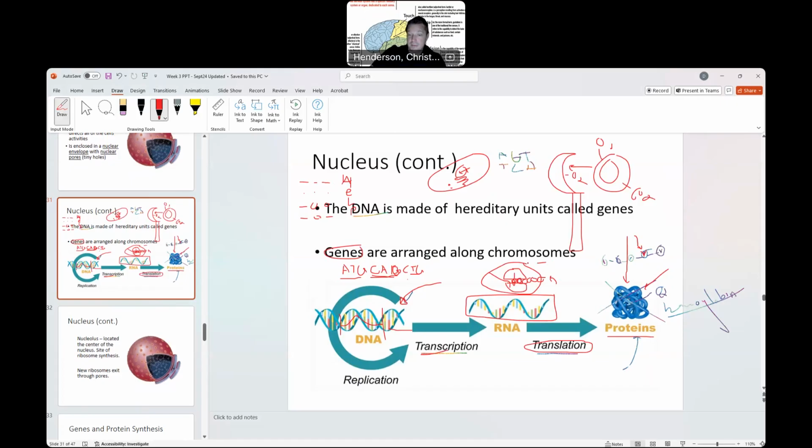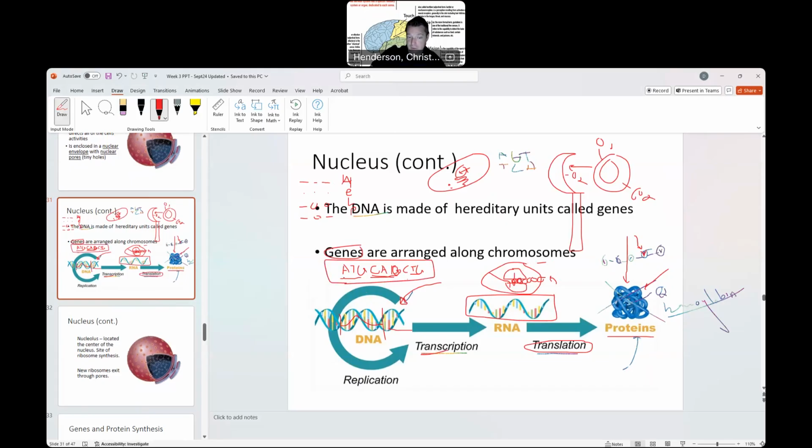But where are the proteins made? They're made in the ribosome, which is out in the cytoplasm. Where is the DNA? In the nucleus. You can't take the DNA out of the nucleus to the ribosome, so you have to make a photocopy of it. The photocopy is mRNA. So you copy these base sequences, this base triplet, and you make an mRNA strand. That mRNA strand has what are called codons.